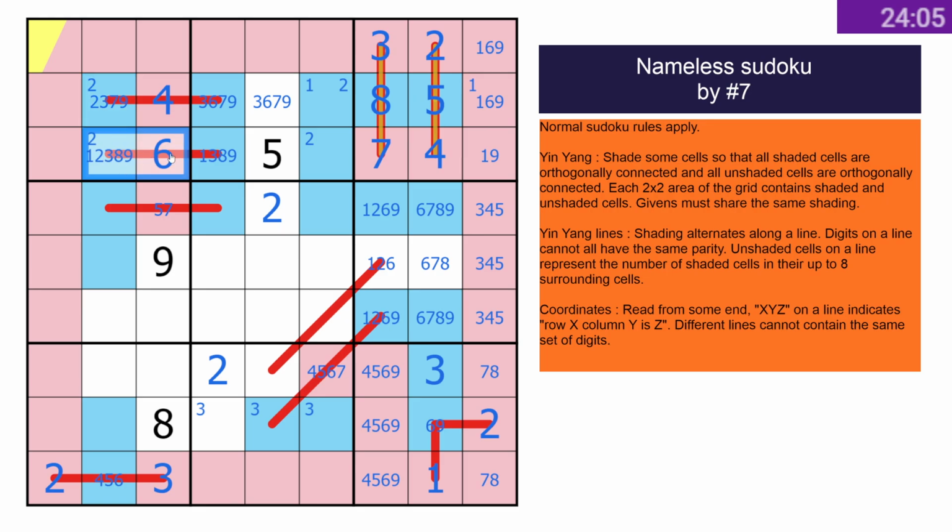So if that one's 2, 6, could that be saying that row 2, column 6? No, because those two would be the same. So it would have to be saying where in column 6 is a 2, which would have to be a 3. So if that's 2, that's 2, 6, 3. That would be 2, that would be 1, that would be 9.